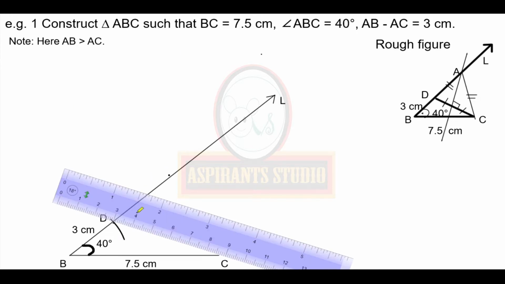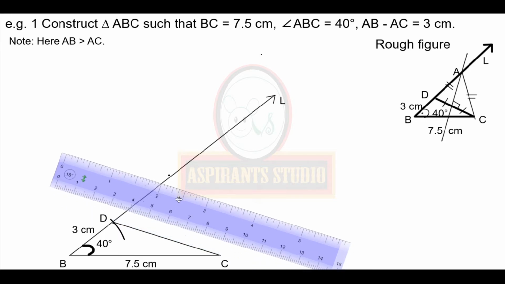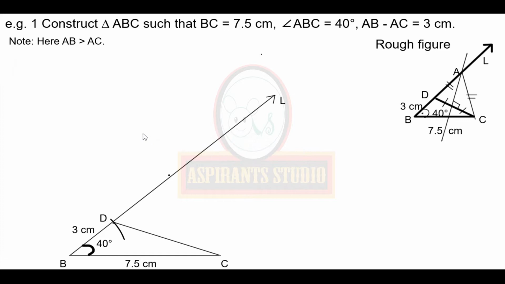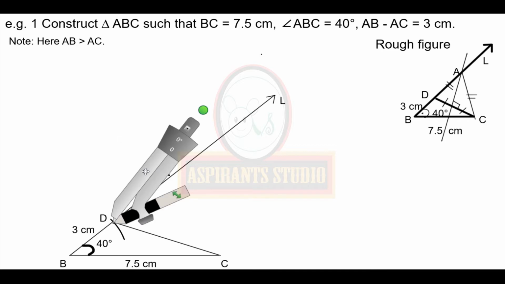Now we are joining the points D and C. Now this is the third side of the triangle BDC. To the third side of the triangle, now we are going to make the perpendicular bisector. After making the perpendicular bisector, we will extend it towards the ray BL.